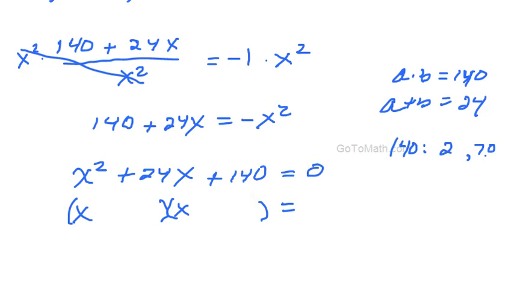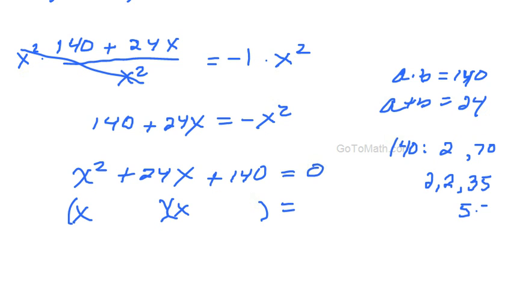Okay, so let's break 70 down. We know that 35 goes into 70 2 times. So we could say 2, 2, and 35. That had to be 4 and 35, but that's not going to give us 24. Okay, well, let's break it down some more.